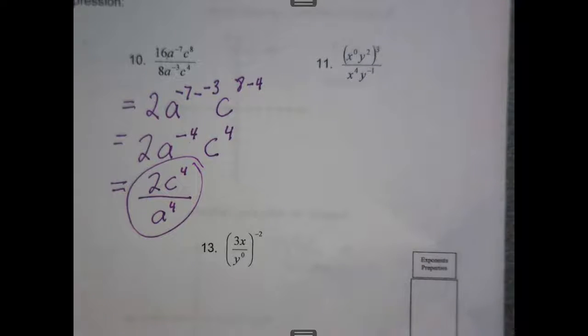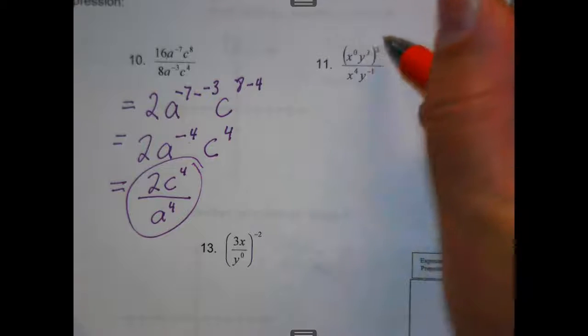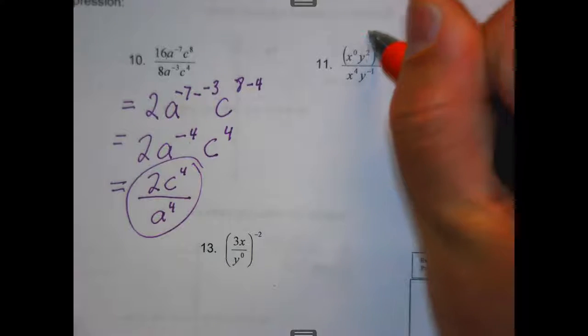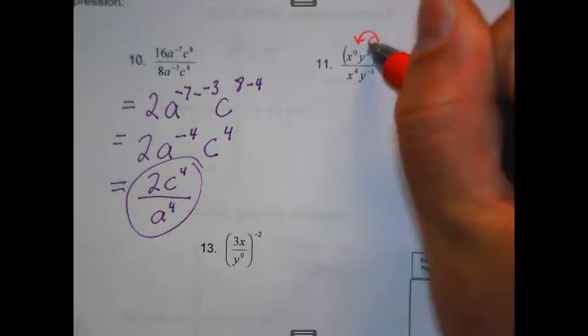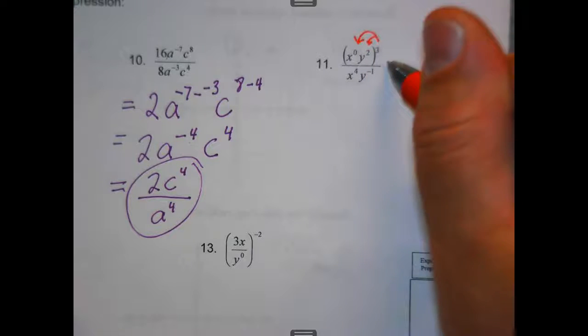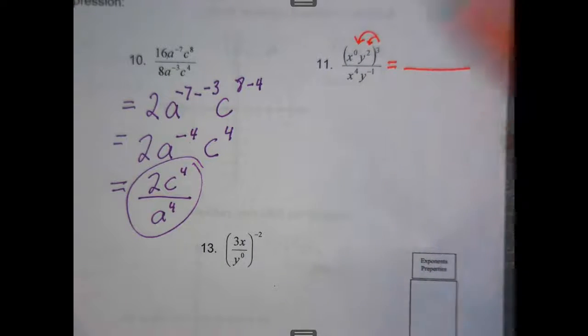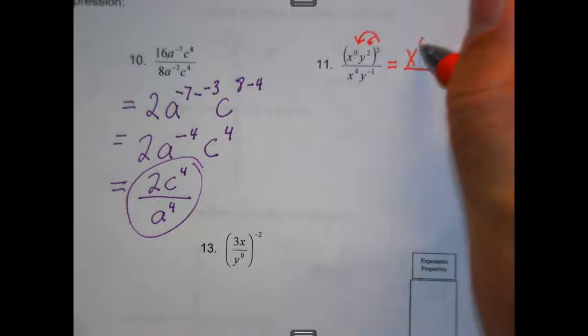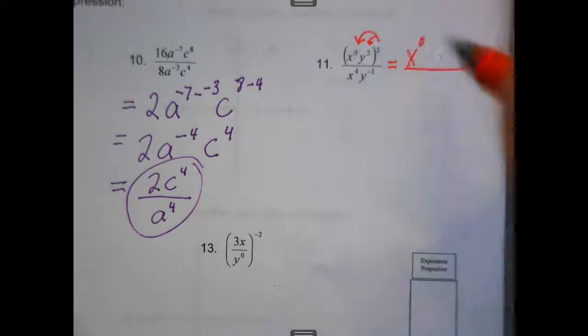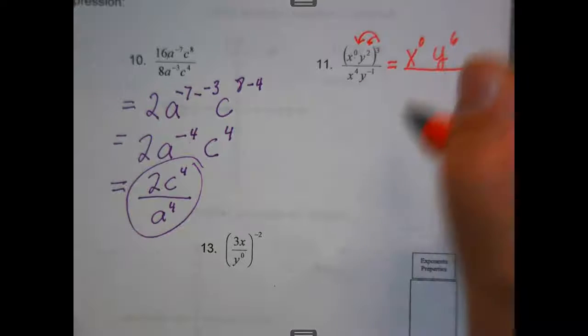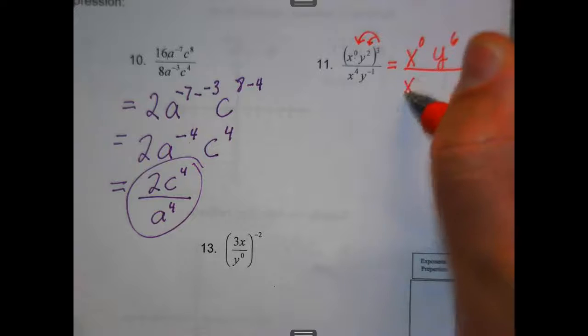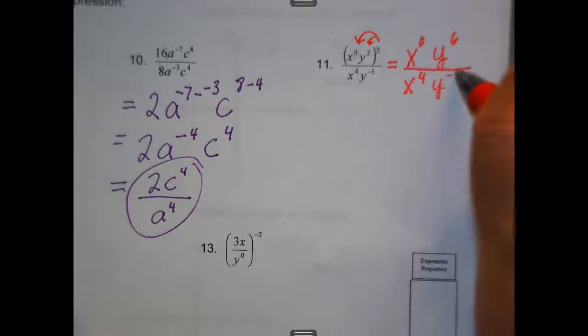All right, number 11. In the numerator, I have to multiply the exponents because it's outside parentheses, right? So x to the 0 times 3 is, y to the 2 times 3 is, and then nothing to do with the x to the 4th, y to the negative 1.